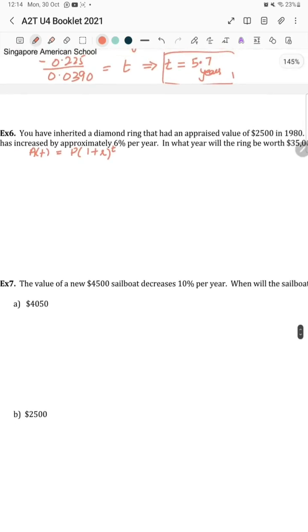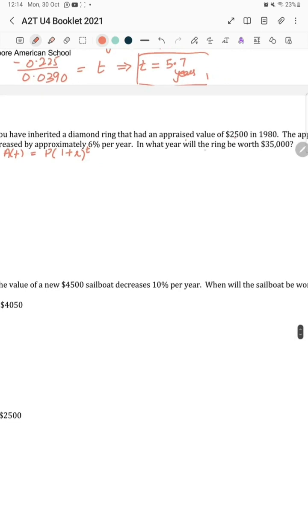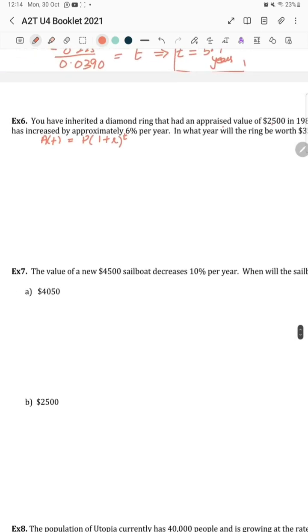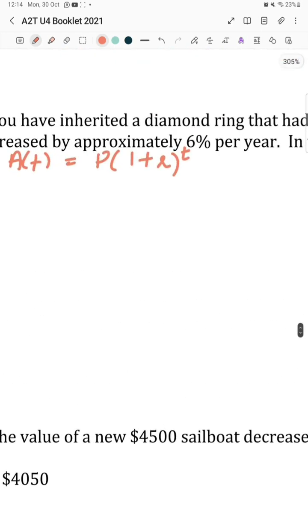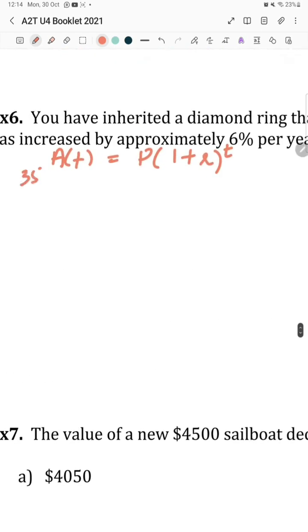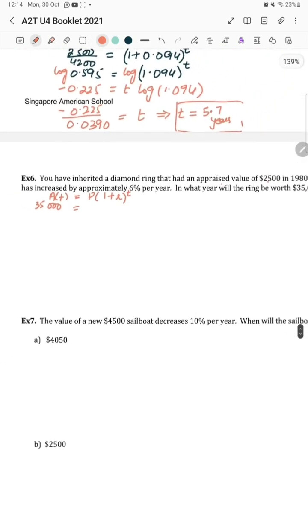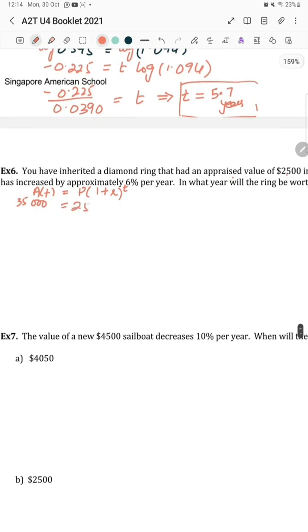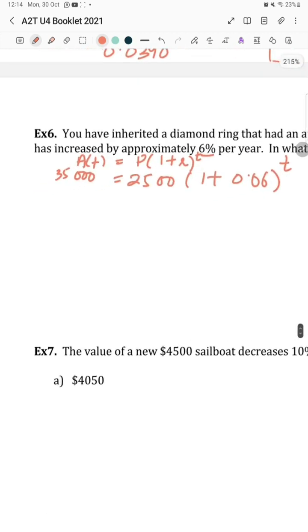What was the actual worth of the ring? You have inherited a diamond ring that had an appraised value, meaning the appraised value is 2,500. So in what year will the ring be worth 35,000? So the actual value of the ring is 35,000, and the principal value or the initial value is 2,500. 1 plus 6% is 0.06, and t is something that we're going to find out.